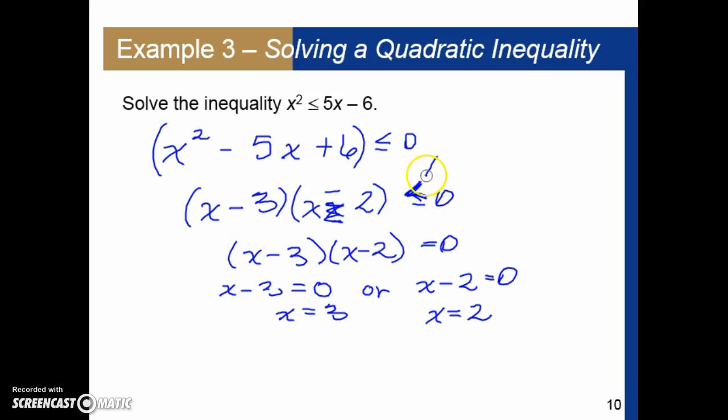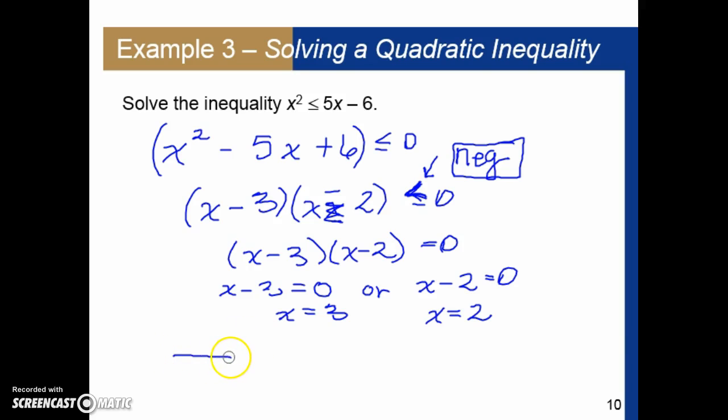I want outcomes, results that are negative. When I multiply these values together, I need that result to be negative. So I need this to be negative or that to be negative, but not both of them negative at the same time or both of them positive at the same time.